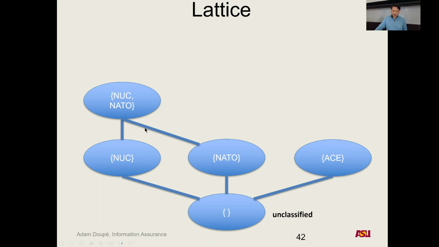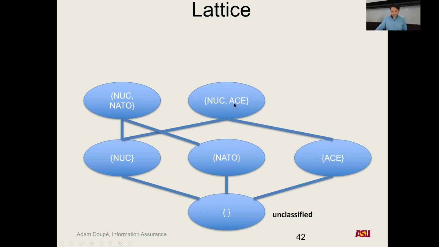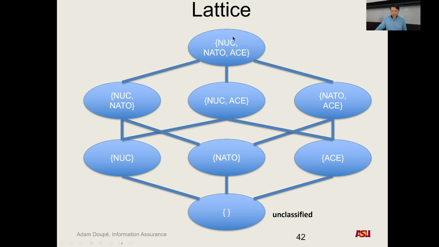Like this NUC NATO has the subset NUC and NATO, right? And also NUC ACE, NATO ACE. So the root node at the top has all categories. Based on that, each node has some relationship, so we call that domination.